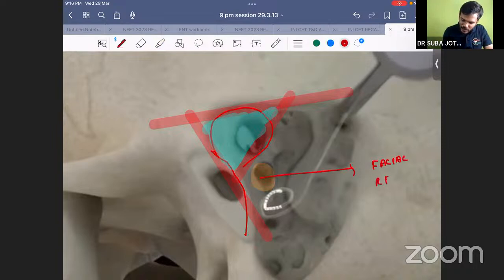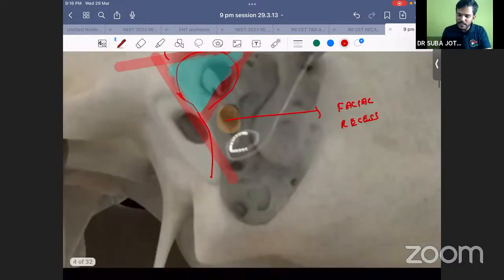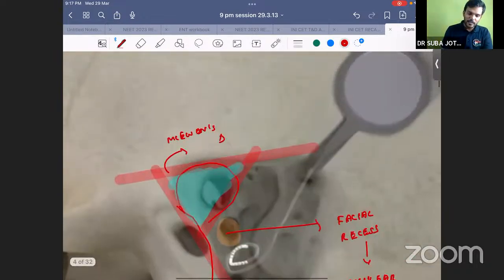Can you identify the difference between these two surgical landmarks? This is facial recess. This is McEwen's triangle. So this facial recess is for cochlear implant. This McEwen's triangle is for cortical mastoidectomy.